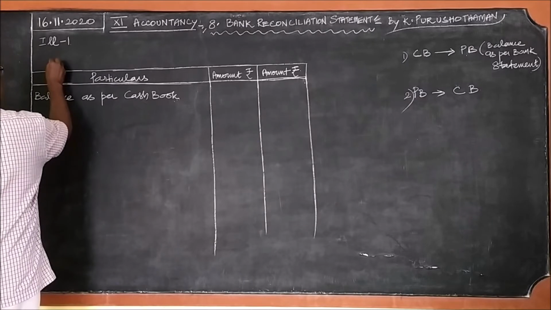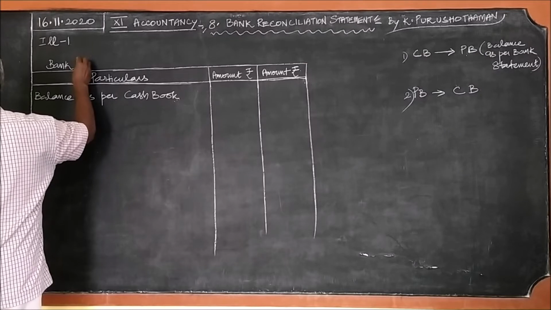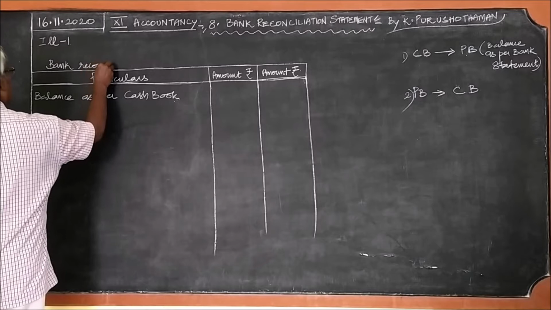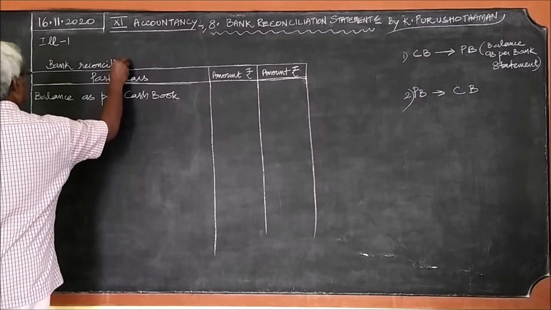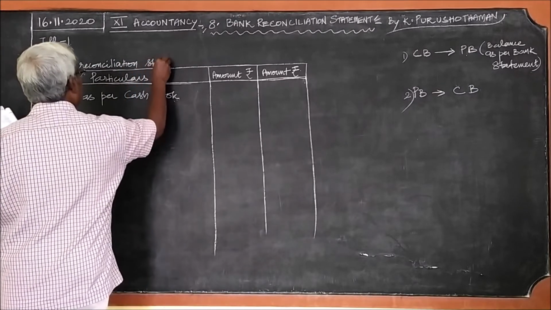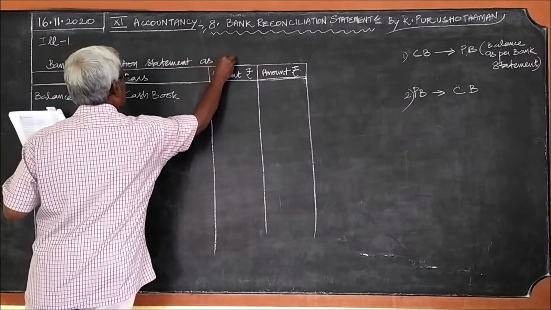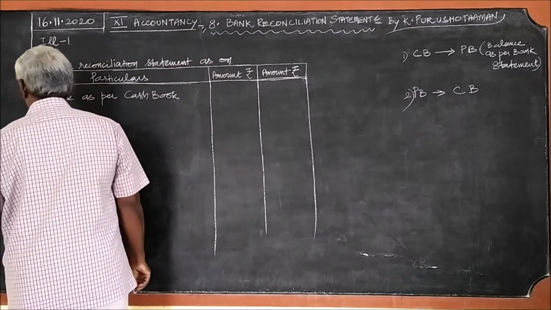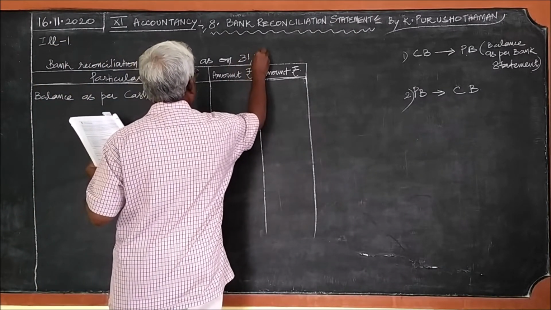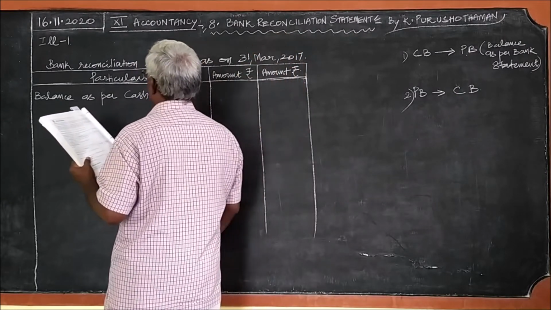Bank reconciliation statement, as on the date given in the problem, 31st March 2017. This is the heading.